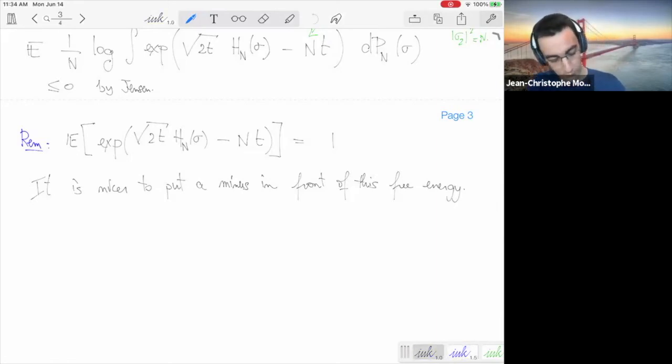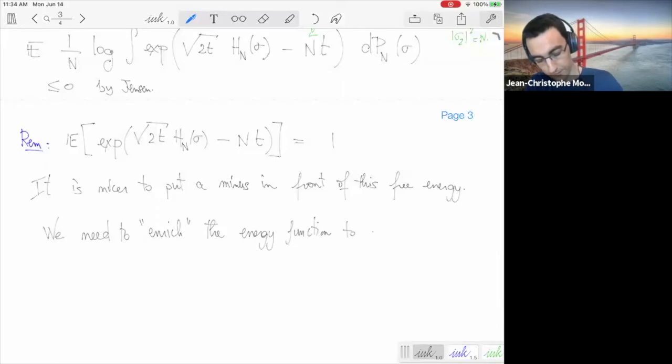So we need to enrich the free energy, the energy, to discover a partial differential equation.